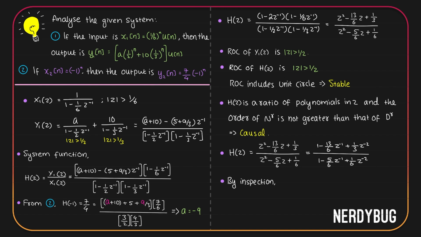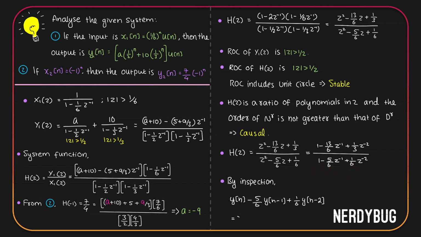On the left hand side, I will have y(n) minus 5 by 6 y(n minus 1) plus 1 by 6 y(n minus 2). I got the coefficients of y(n minus 1) and y(n minus 2) from the denominator of H(z): 1 minus 5 by 6 and plus 1 by 6.